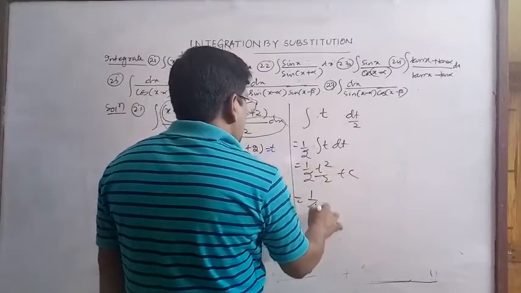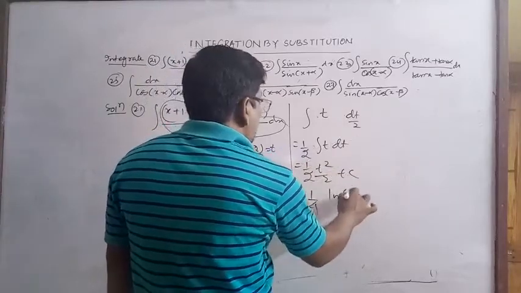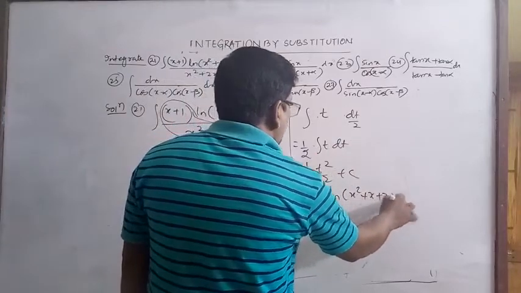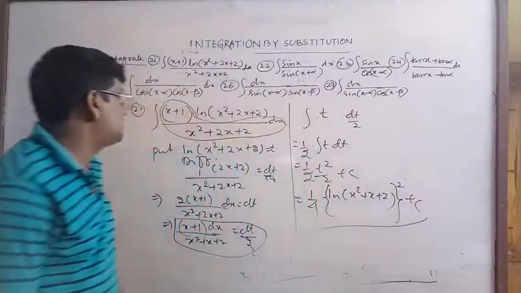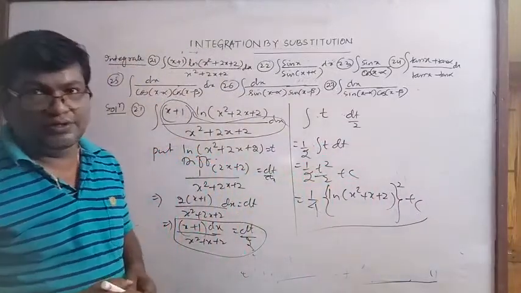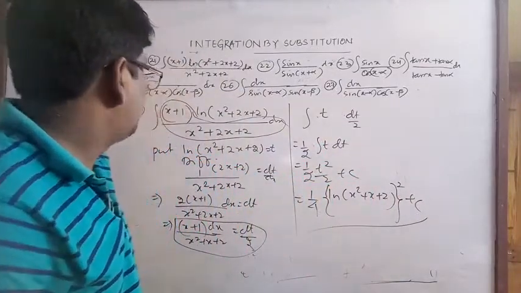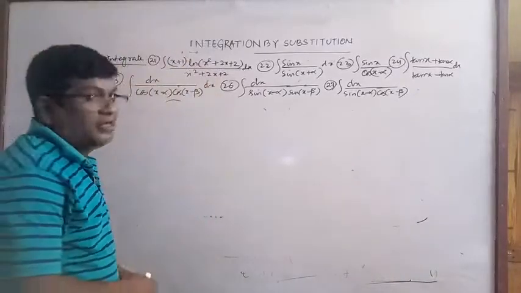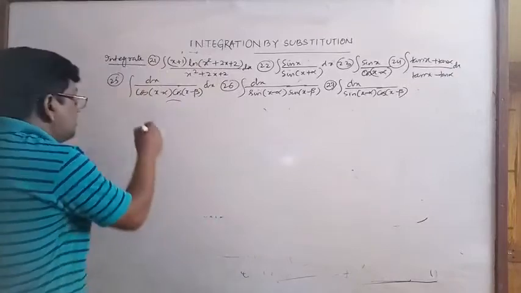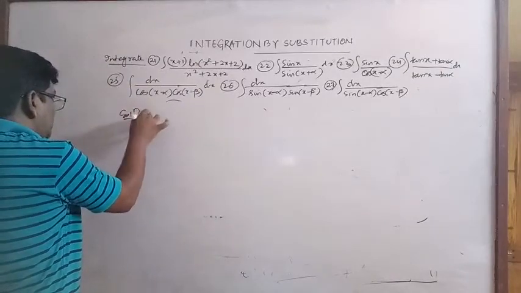So 1 by 4 t square means 1 by 4 log of x square plus 2x plus 2 whole square plus c. Okay, this is the answer of question number 21. Now question number 22.